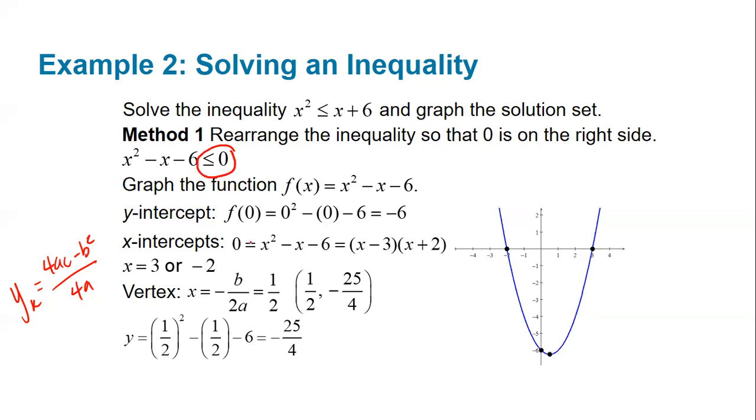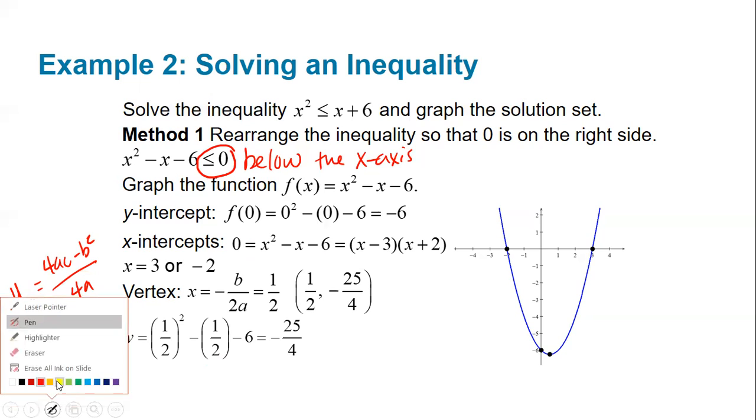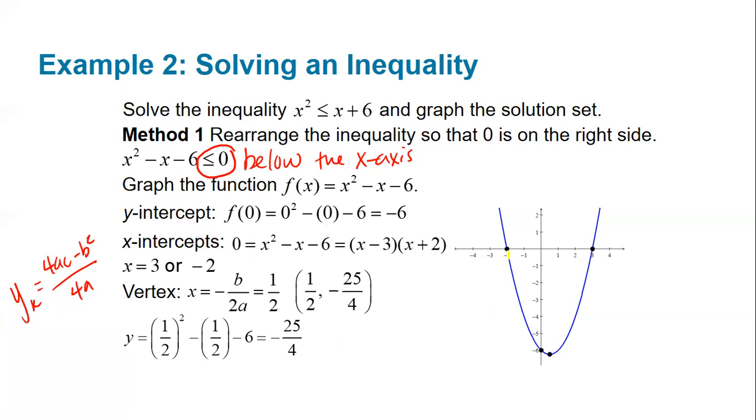The portion below, because it says less than or equal to. So we're now looking for when is it below the x-axis. So when is our graph below the x-axis? So from -2 to +3 is when I'm below the x-axis. Does that make sense?